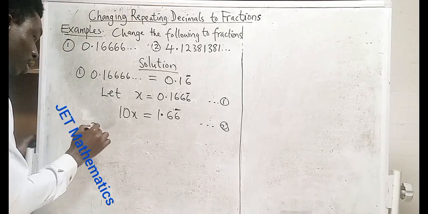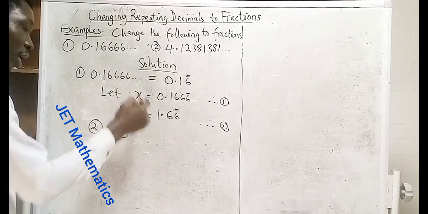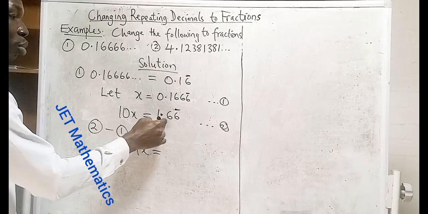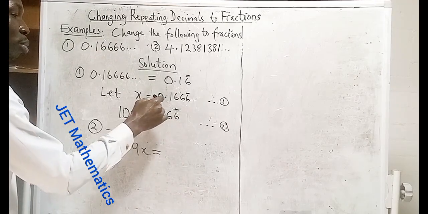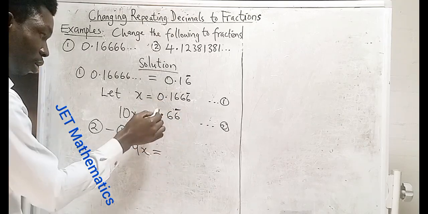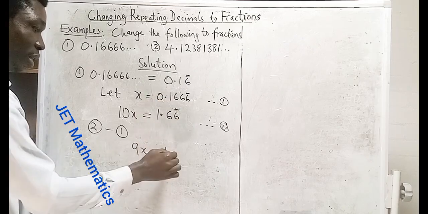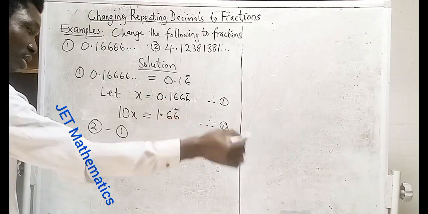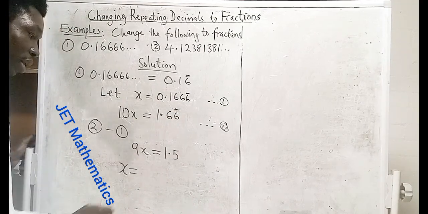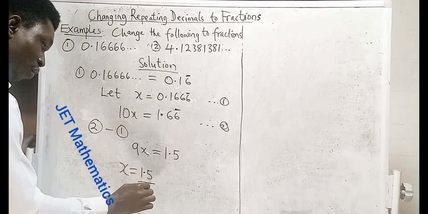Then next we subtract 1 from 2. 10x minus x gives us 9x equals 1.66666 minus 0.16666, which gives 1 minus 0 is 1, 6 minus 1 is 5, and the rest are zeros. So dividing both sides by 9, x equals 1.5 over 9.